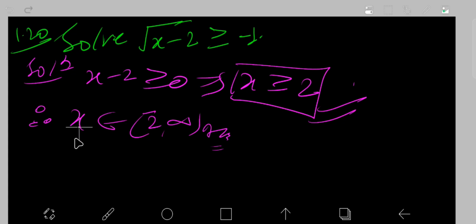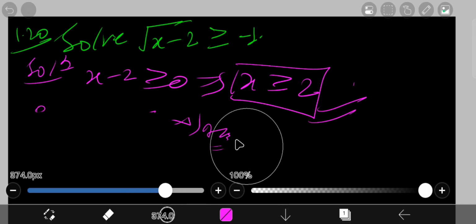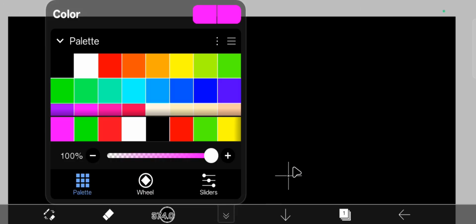One note is given here. Some students, about these questions, also take x greater than 0, no?